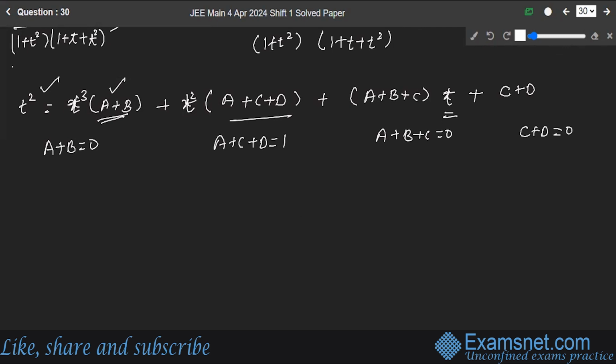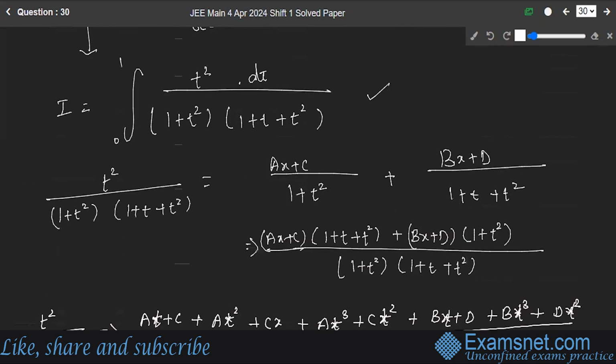Also, c plus d is equal to 0 because there is no constant on the left hand side. So you have a plus b is equal to 0. This gives me c is equal to 0. If c is equal to 0, then d is also equal to 0. I got c and d as 0. And this gives me a is equal to 1 and b is equal to minus 1.